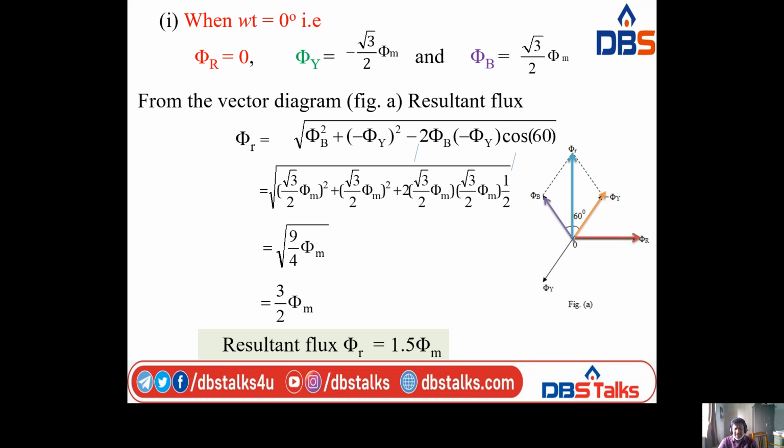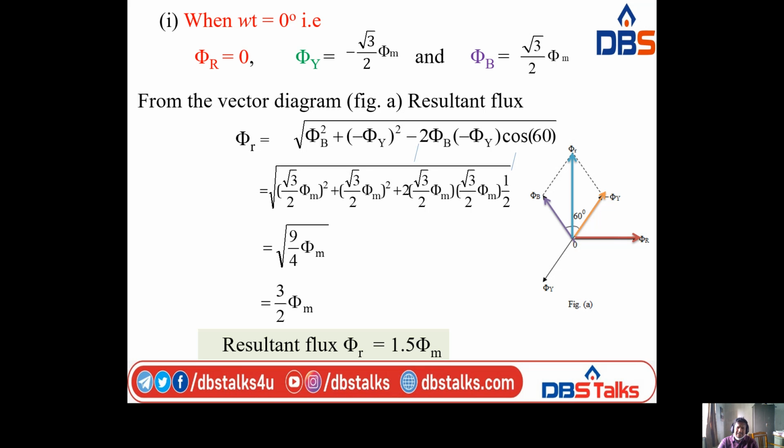Here square is not there, but we have to put square, phi m square. 9 by 4 phi m square, under square root. Square and root cancel each other. That means phi m. What about root of 9 by 4? It is 3 by 2. Phi resultant is equal to 3 by 2 phi m, that is, resultant flux phi r is equal to 1.5 phi m.